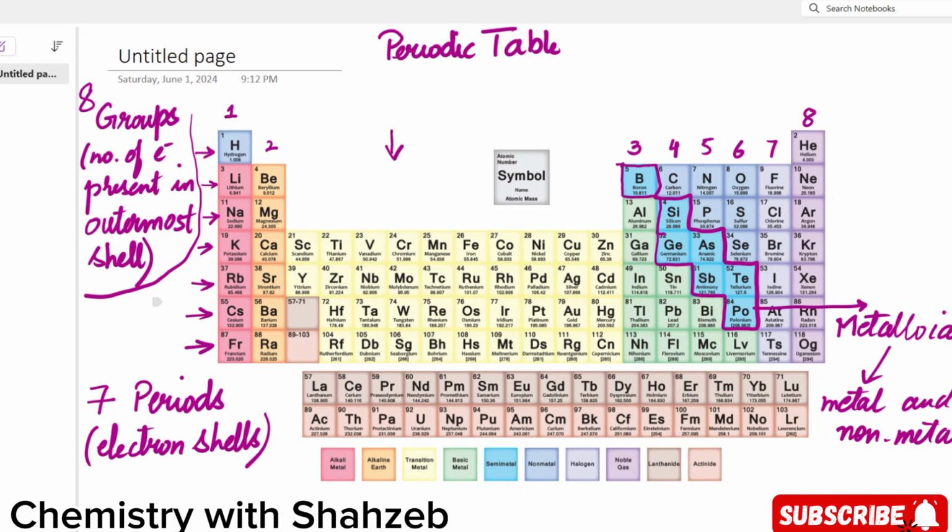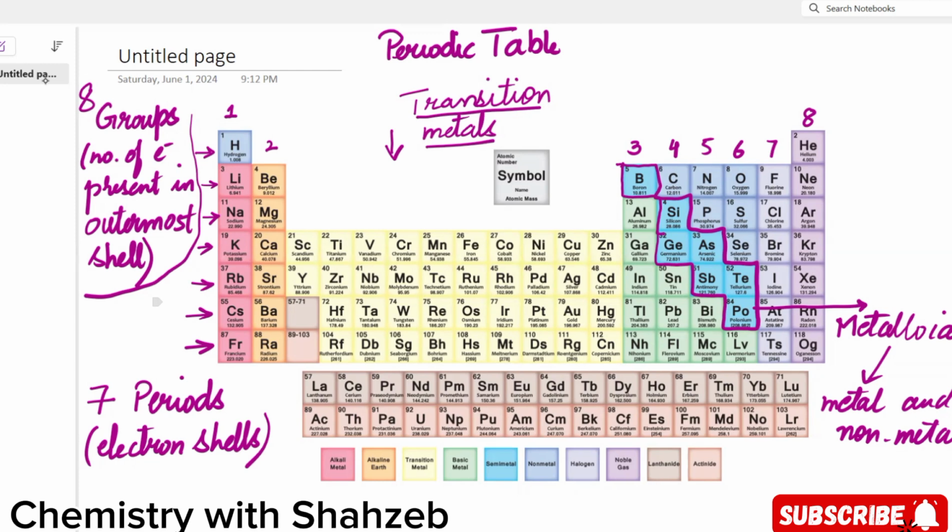They represent transition metals, which possess the unique properties of metals. So this is all about the periodic table. There are elements present below, but they are not part of our course.